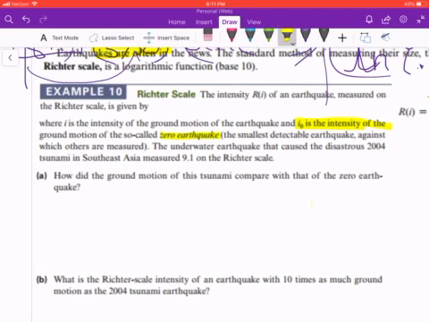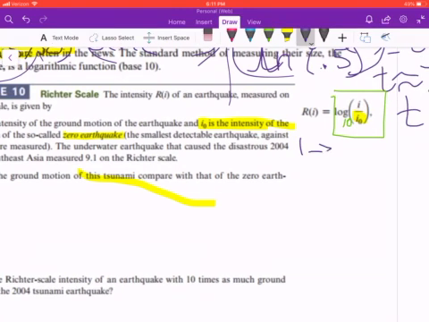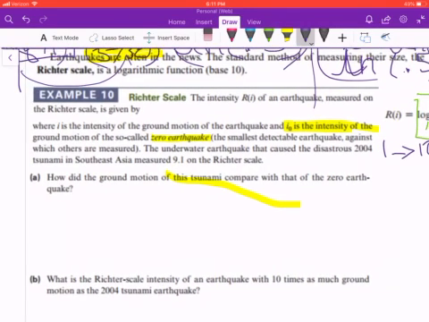And the Richter scale, I'm not sure if it starts at 0. I doubt it. I think it might start at 1. And it goes up to 10. And so, for example, an earthquake of 9.1 will be intense, like the one that the problem is mentioning here in 2004.